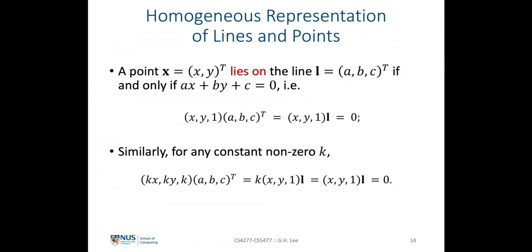Now we'll see the incidence relation. So incidence relation means how a point and a line coincide or intersect with each other. In this case, it would be a line, and we will look at the mathematical formulation in homogeneous coordinates on how to represent the incidence relation where a point sits on a line. The point, let's denote it as x, and the line, let's denote it as L, which is given by these two values over here.